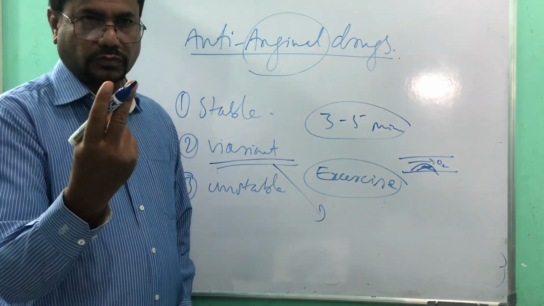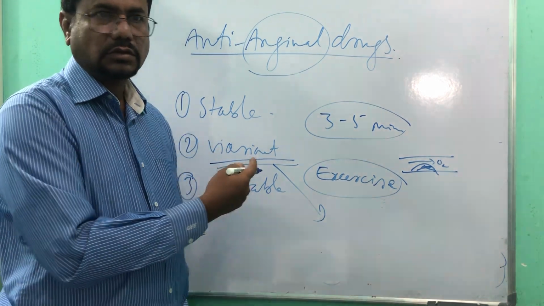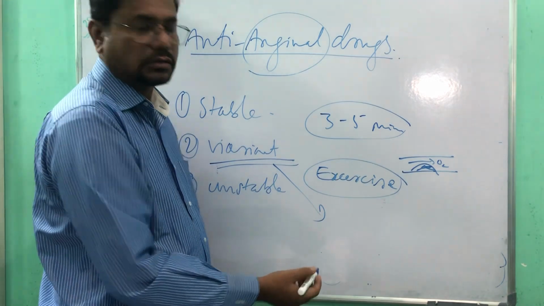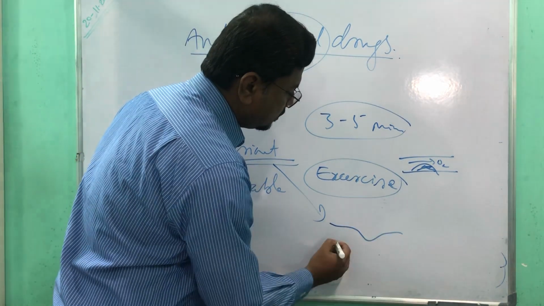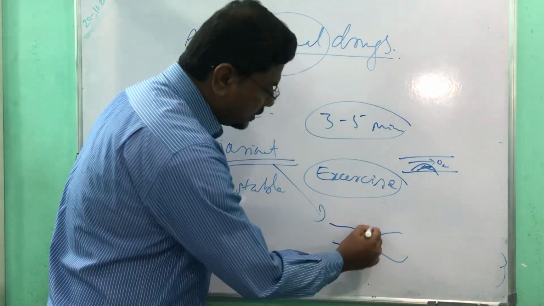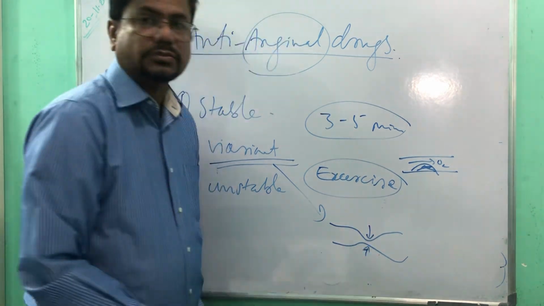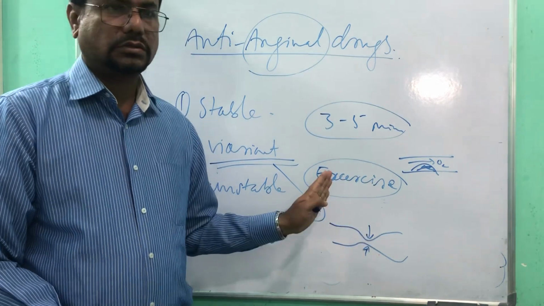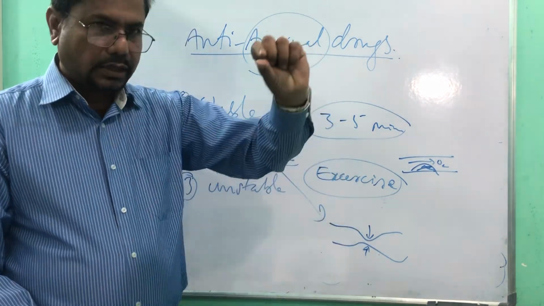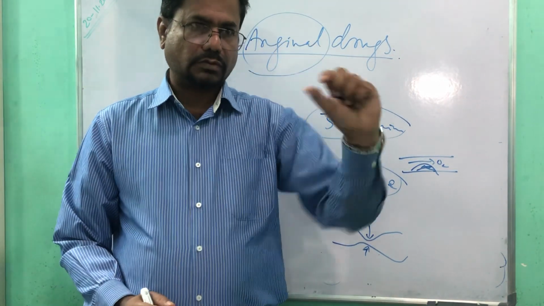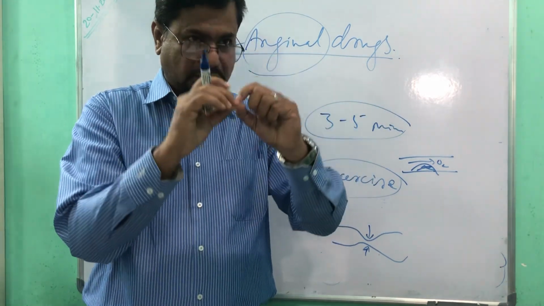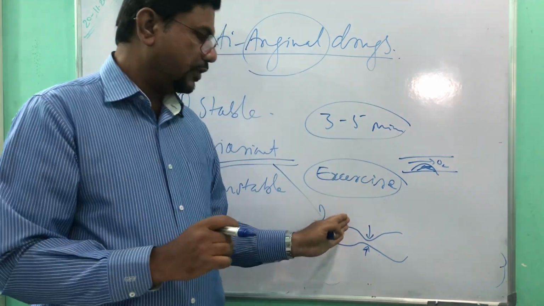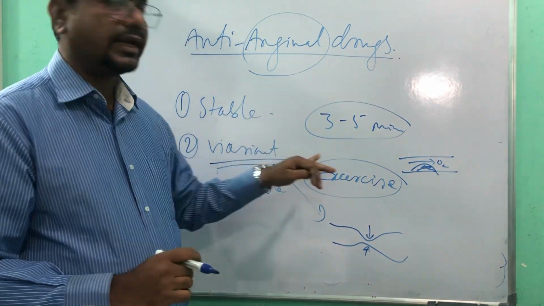There are two types: one is the plaque formation, another is the spasm. Due to spasms, variant angina occurs. So if the diameter of the coronary artery decreases by itself, at that time we get an anginal pain, that is called variant angina.